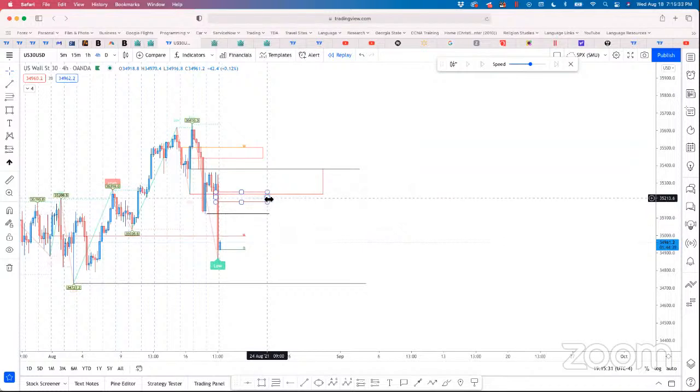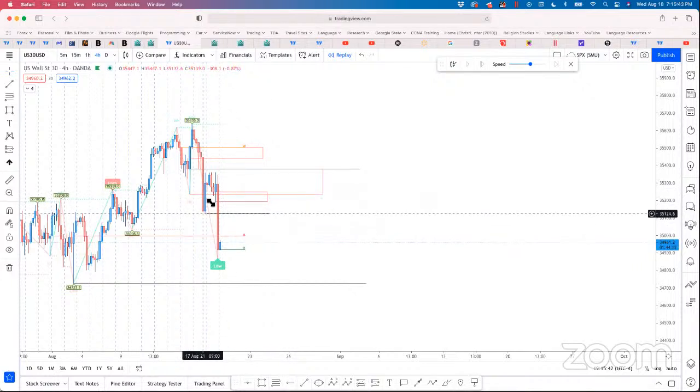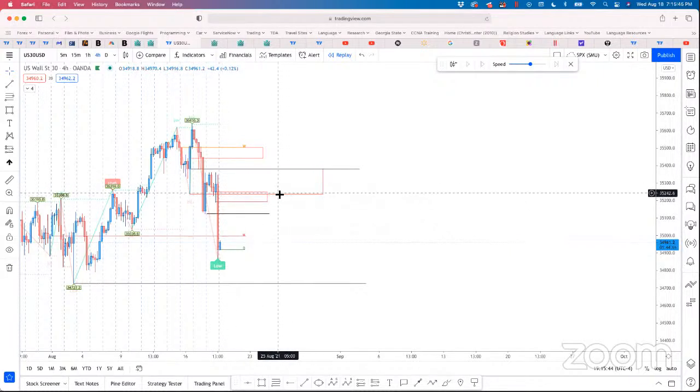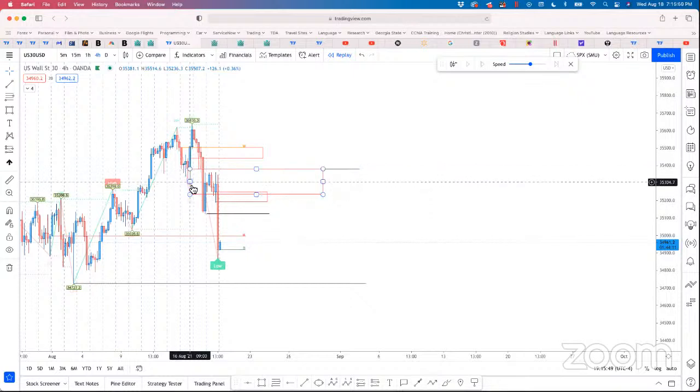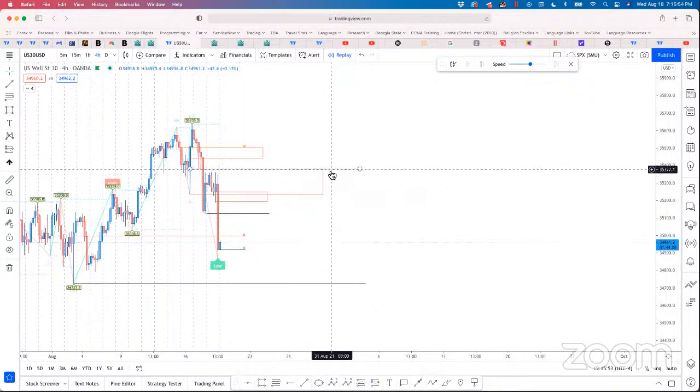If it breaks above this, you can still assume a sell, but those odds just lowered themselves, because now you've broken above 1, 2 order blocks, right? But you are trading into this rejection block right here, this breaker right here. And you could still have price come up to here and reject.